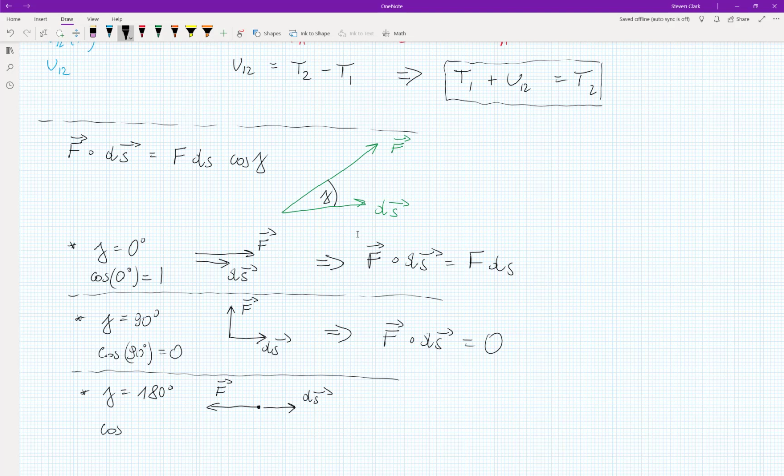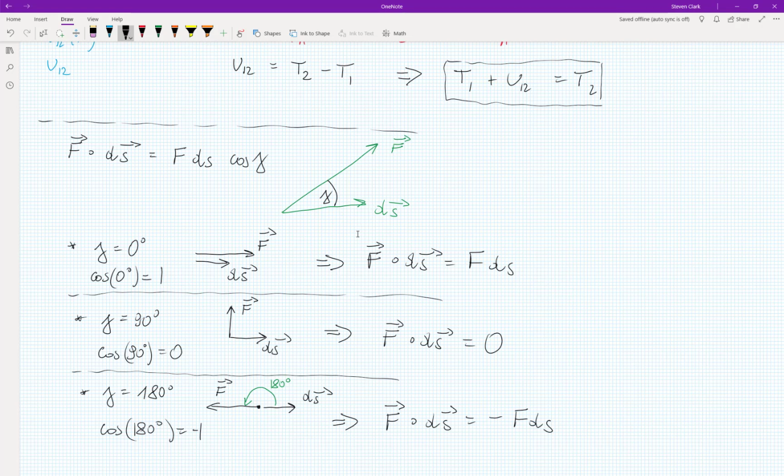And also cosine of 180 degrees is minus 1. And in that case, our work of such forces will be negative, yes? The energy will be dissipated from the system. It will be minus F ds.